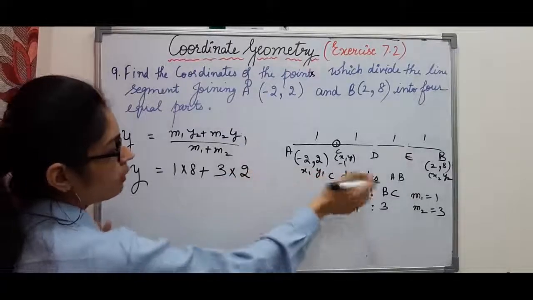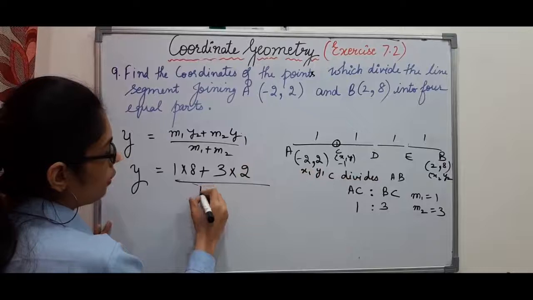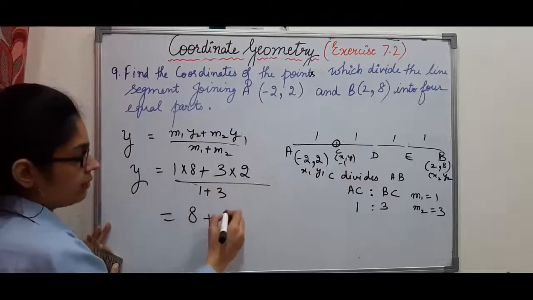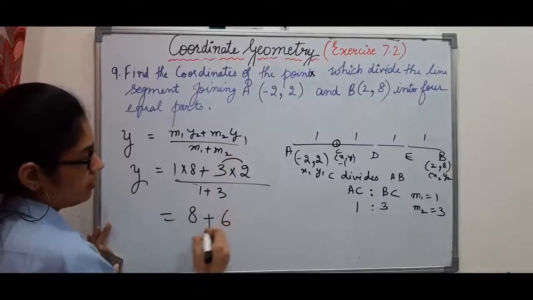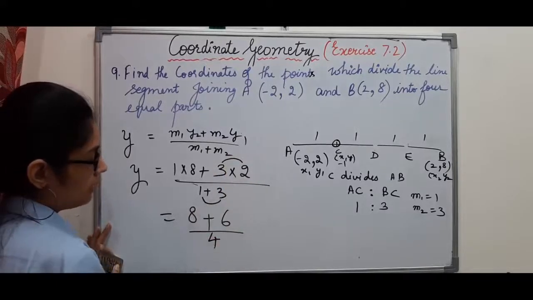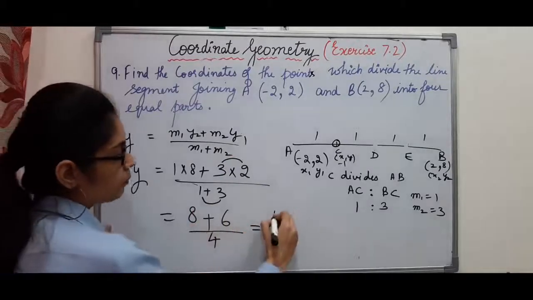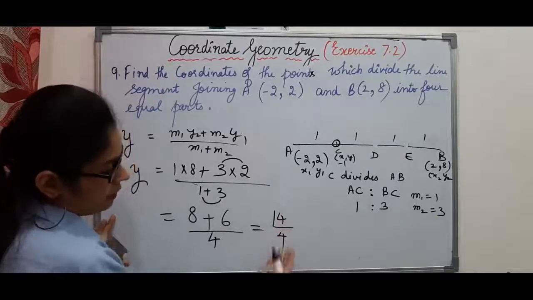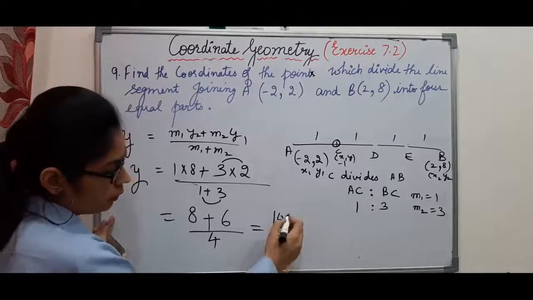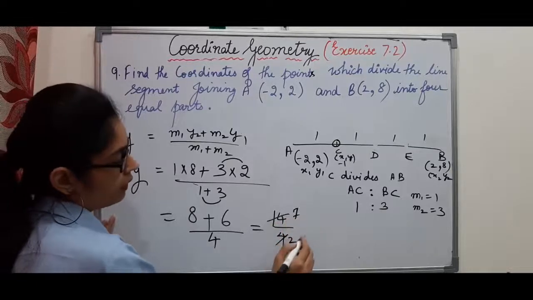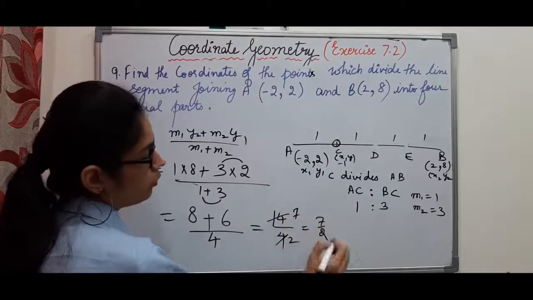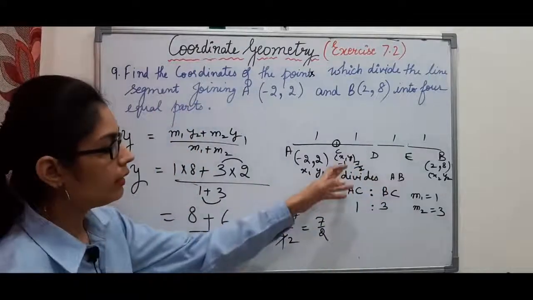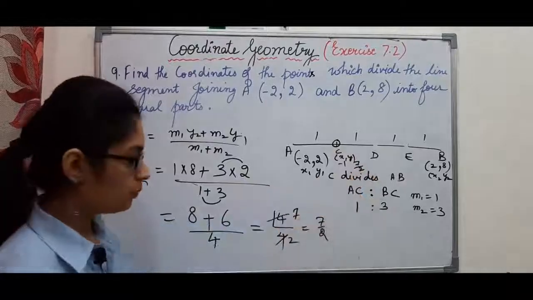You can see here I have written m1 plus m2, it is 1 plus 3. 1 into 8 is 8, 3 into 2 it is 6, upon 1 plus 3 it is 4. So 8 plus 6 is 14 upon 4. We can see cancellation is possible by 2's table. 2 into 7 is 14, 2 into 2 is 4. So I got 7 by 2. So the y coordinate of point C is 7 by 2.